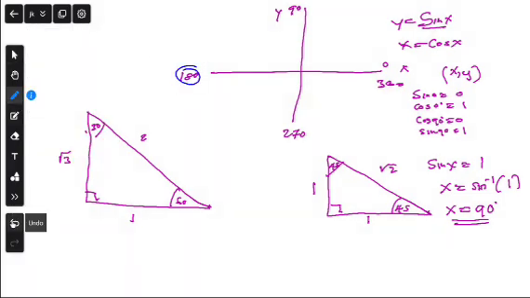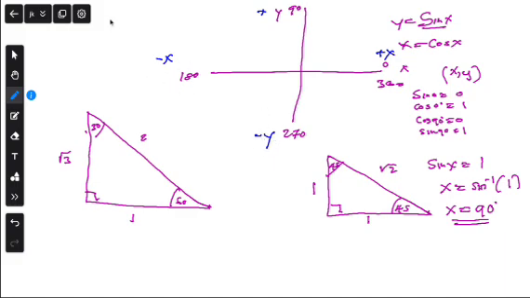You and I know that this is the positive side of x, this is the negative side of x, this is the positive side of y, and this is the negative side of y. So whatever values we get for sine here have to be positive. That's the reason why we're getting positive 1 here. When you punch sine 270 on the calculator, you're going to get negative 1 because it's the negative side of y.